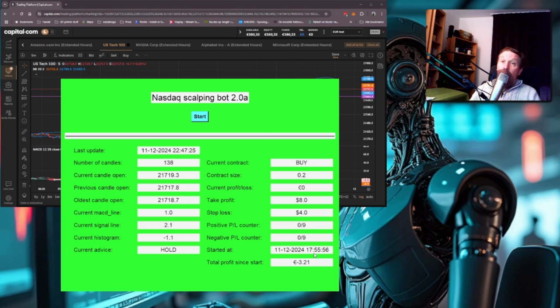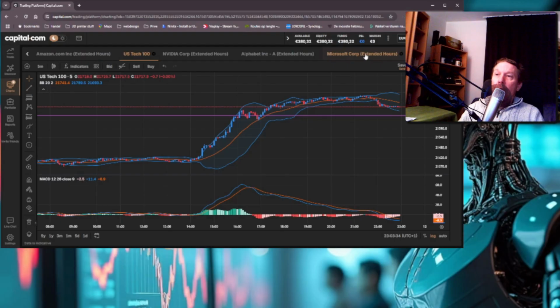So let's go to the third part, looking at the market. If we look at the market, you see that at opening it went up very, very fast, in almost an hour, and then it went sideways and stayed sideways.